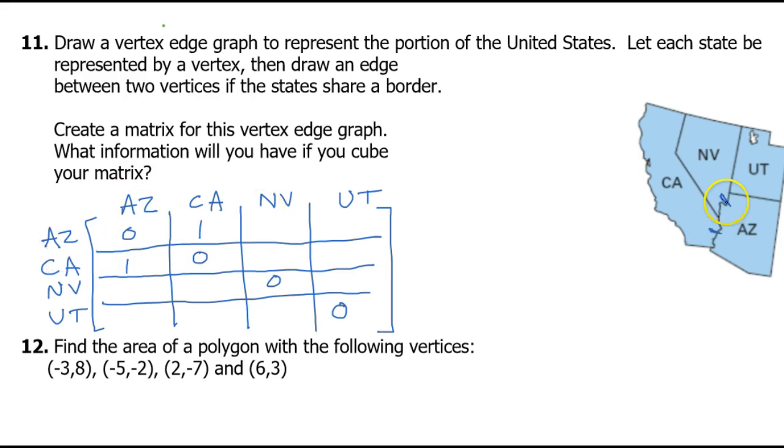Sure, Arizona and Nevada share a border as well. So I'm going to put a 1 here and here. What about Arizona and Utah? Yep, Arizona and Utah share a border. So I'm going to put a 1 here and here. Let me erase these marks.